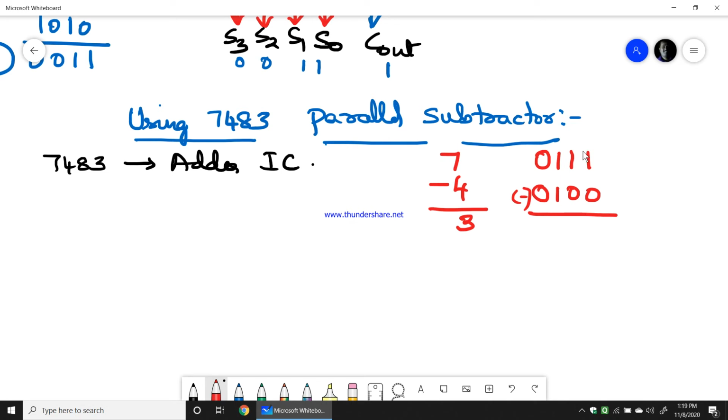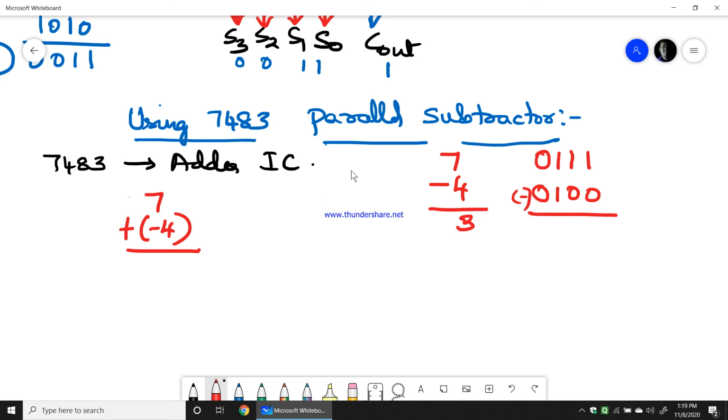Now direct subtraction would be a difficult task in binary. So as 7483 is used as a binary adder IC, I will try to see that this will be added in this way. See, 7 is added with minus 4. That is how 7483 will see 7 minus 4.